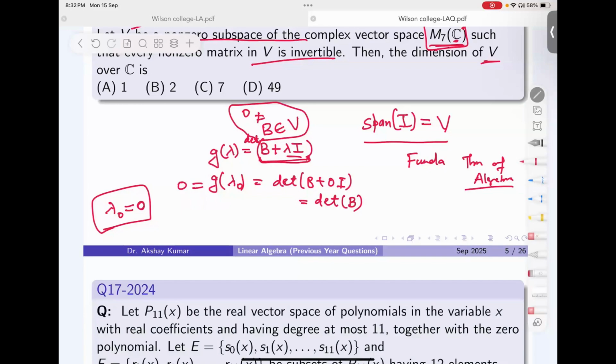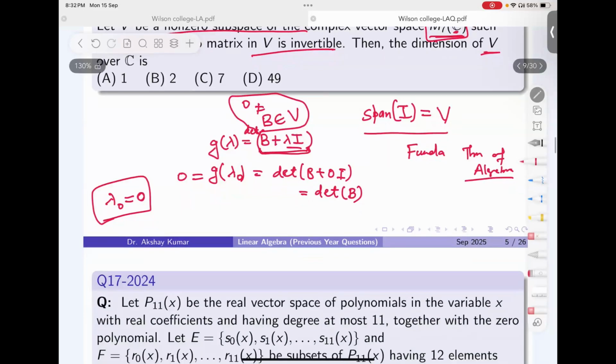So we have some lambda naught not equal to 0 for which g of lambda naught is 0.